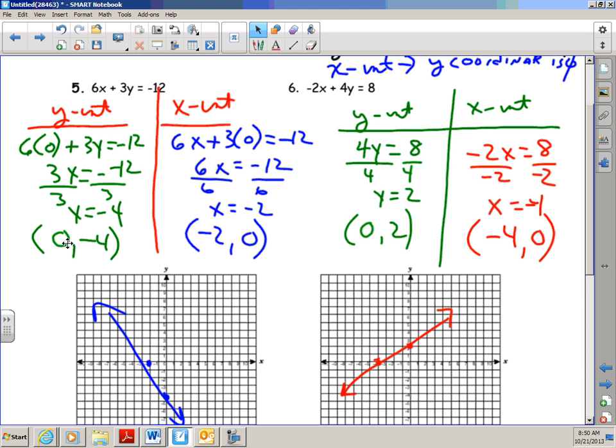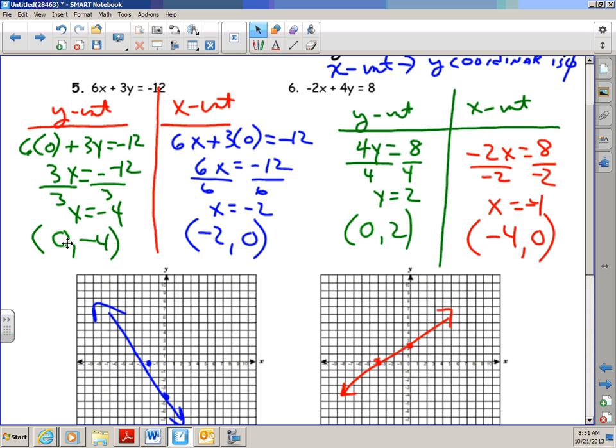Method 2 is a little bit more cumbersome because it still requires you to put the line into y equals mx plus b form and then do a computation a couple of different times. So 1 is definitely the easiest. 3 is probably the second easiest. And then 2 is the other method that can be used.